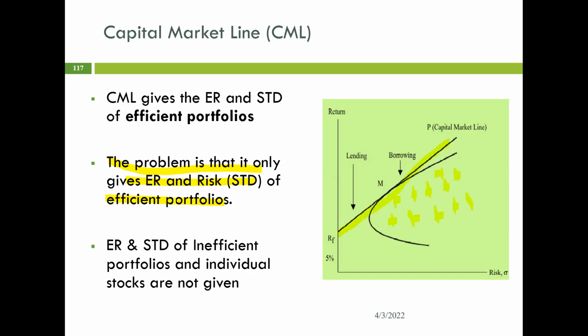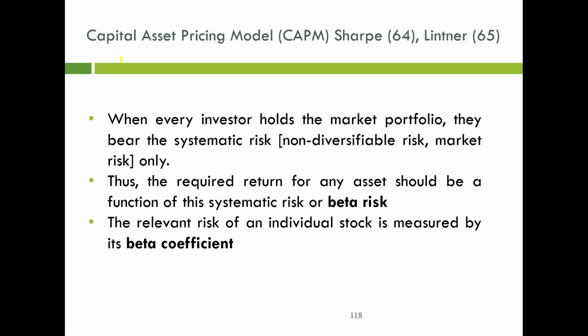So the problem with the capital market line is that it includes only the efficient portfolio. It gives the expected return risk relationship only for the efficient portfolio. For that, there is a model we call the capital asset pricing model. This is empirically well pronounced, well developed. Even Nobel Prizes were won by Sharpe and Lintner in the 60s and 70s.